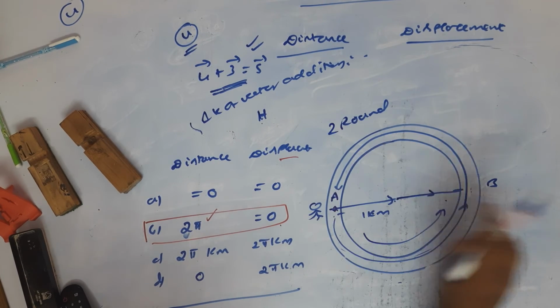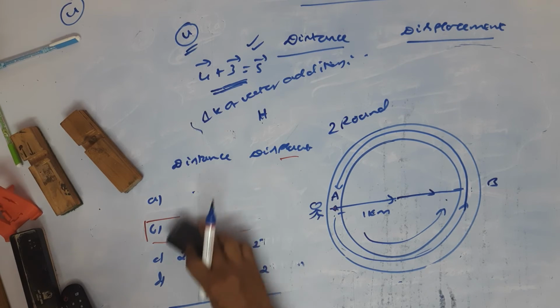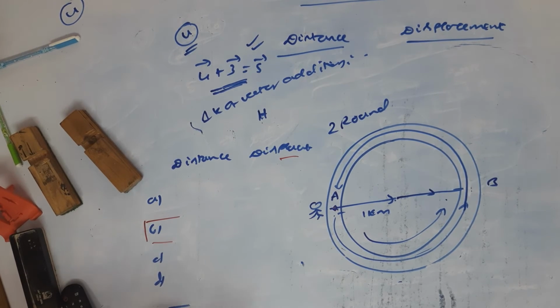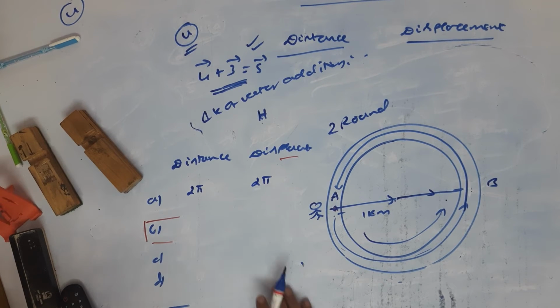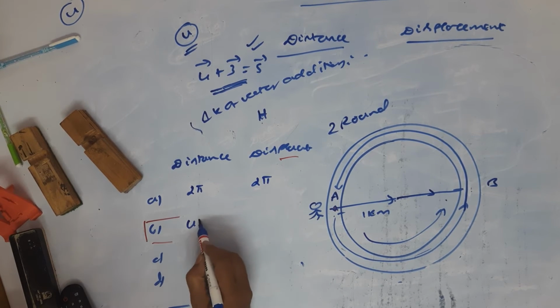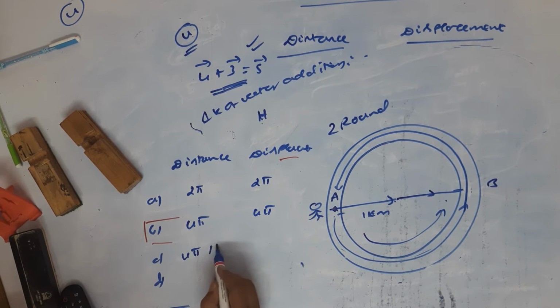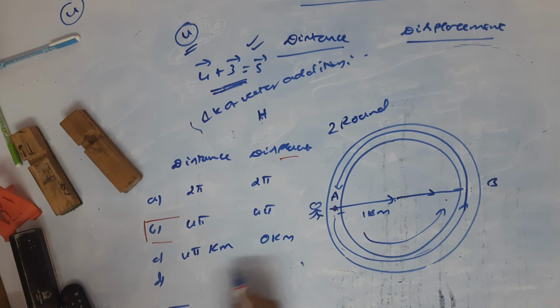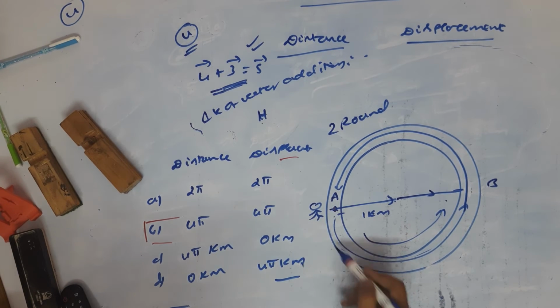For 2 rounds, which of the following options is correct? I will explain. So this is the last question. The options: it is 2 pi kilometer, it is also 2 pi kilometer; it is 4 pi kilometer, 4 pi kilometer; it is 4 pi kilometer and 0 kilometer; 0 kilometer, 4 pi kilometer. Come on. For 2 rounds.